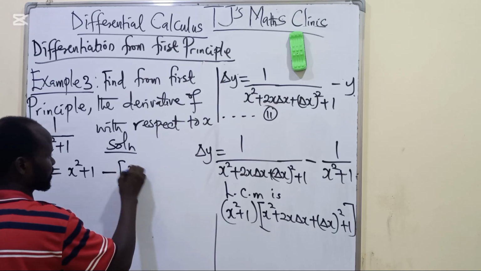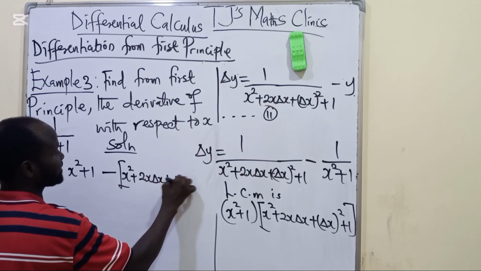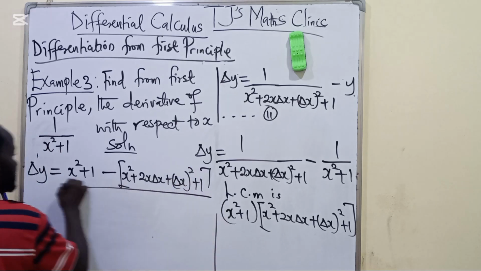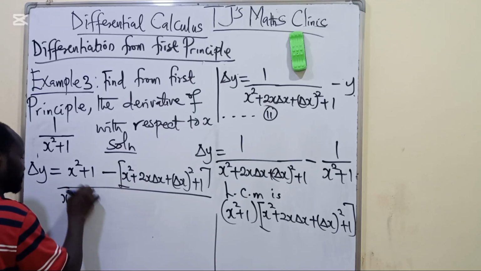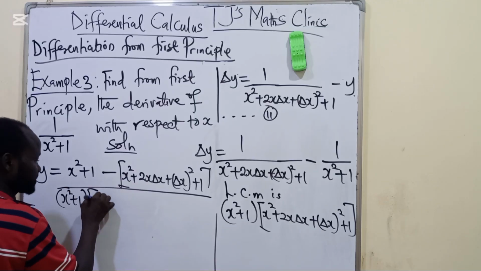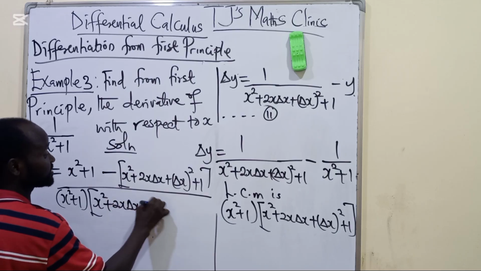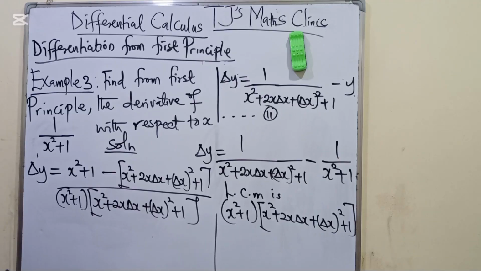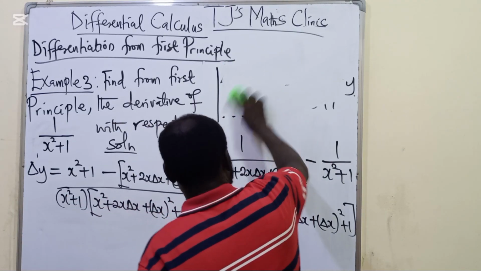That will be x squared plus 2x delta x plus delta x all square plus 1 divided by the LCM, x squared plus 1, we have the square bracket x squared plus 2x delta x plus delta x all square plus 1. Very important. Our aim is to find change in y with respect to x.